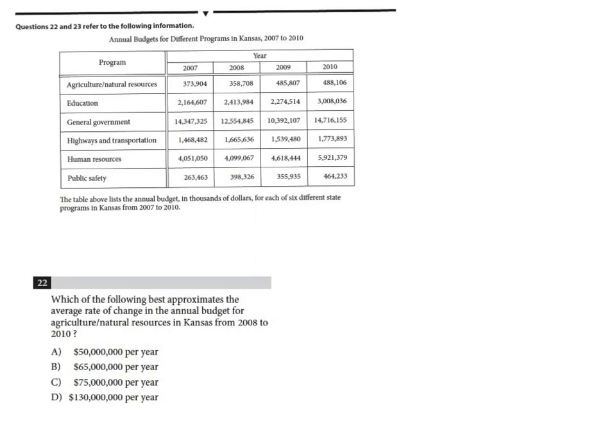So we need to look and see what the budget was in 2008 for agriculture or natural resources. Well, that's going to be 358,708. And then we look for what the budget was in 2010.